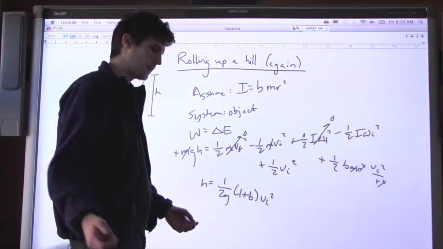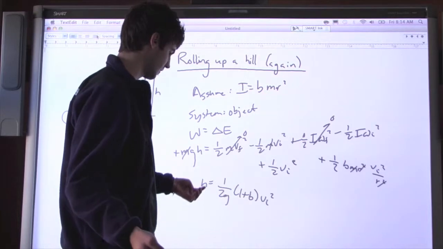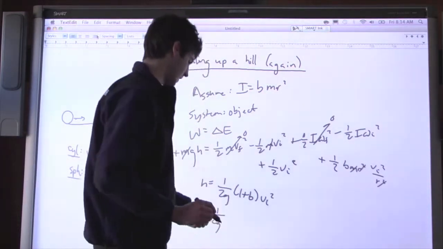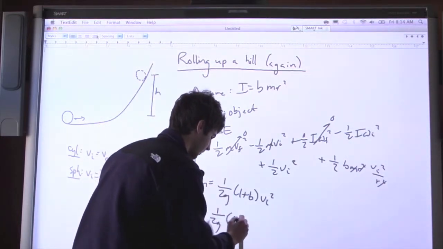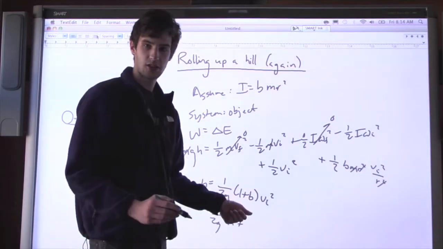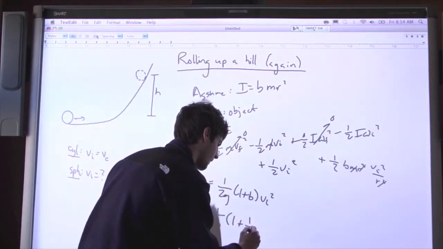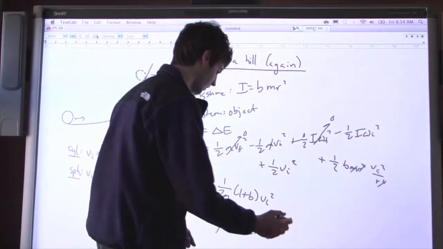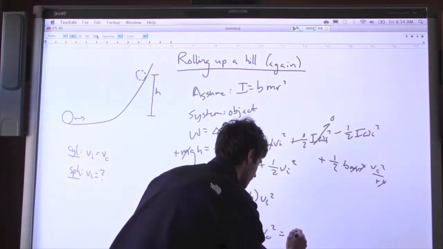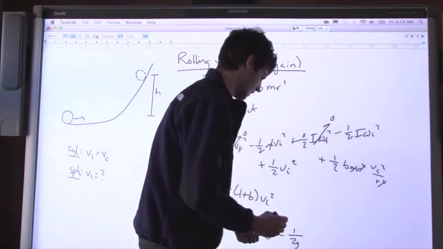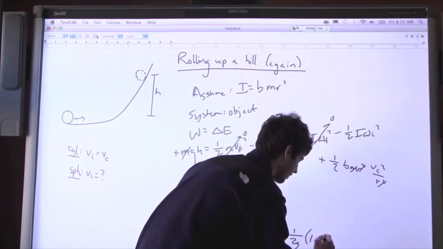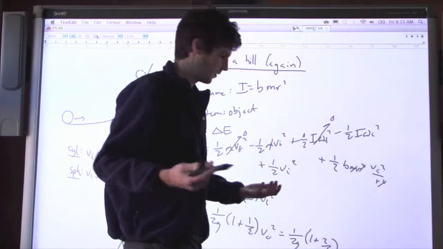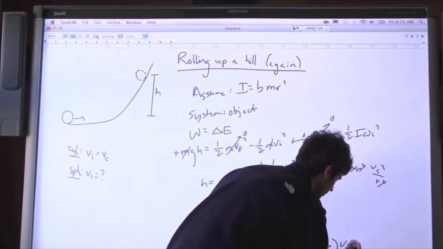So I'm going to say, all right, h sphere equals h cylinder at this point, because that's the condition I want to be true. So I'm going to say 1 over 2g, and this one's for the cylinder, 1 plus, b in the cylinder's case is 1/2, it's 1/2 mr squared, times v cylinder squared, which was the speed they gave me for the cylinder, equals 1 over 2g times, in this case, 1 plus 2/5 for the sphere, and that's going to be called, I'll call it v sphere squared.